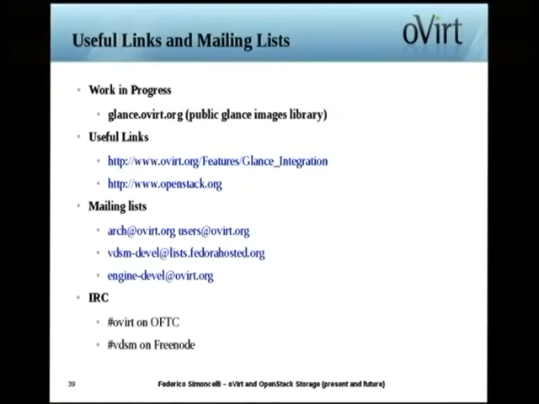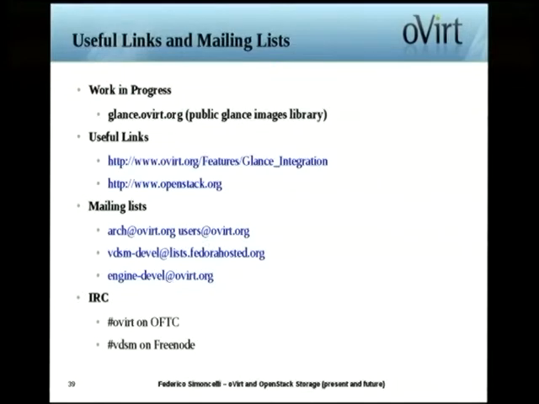So we already support direct LUNs, and we have some operations there that we support, but that's the easiest integration. So you can basically use Cinder volumes as direct LUNs, so that's the easiest one. For all the other complex flows, it will definitely require time. Thank you.